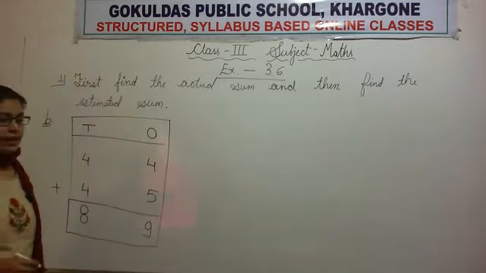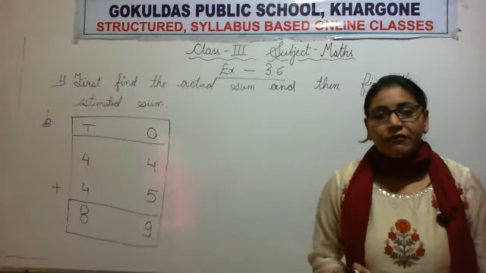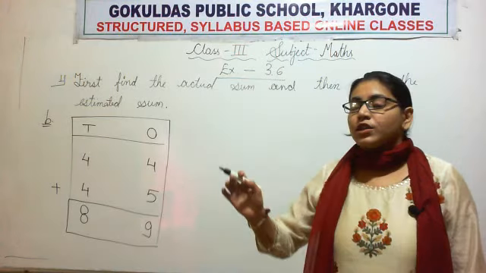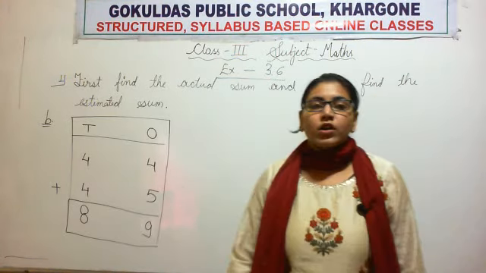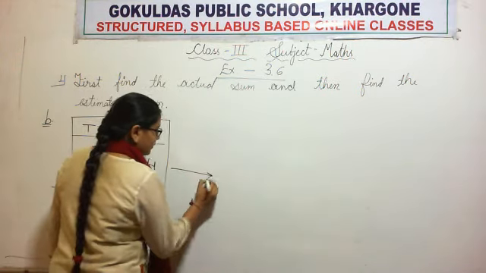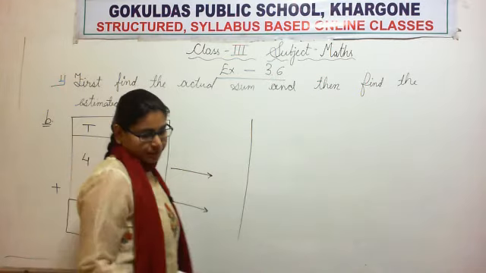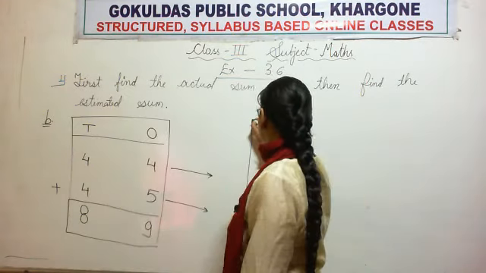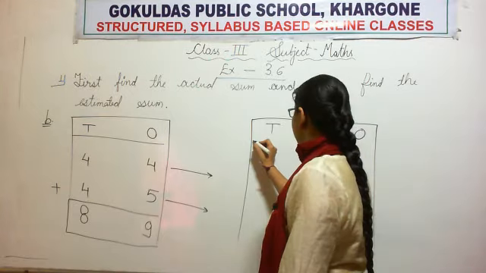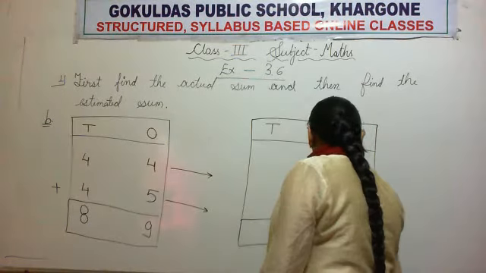Now the estimated sum. First of all, we will find out the estimated sum of the given numbers. First, we will round off our first addend 44.